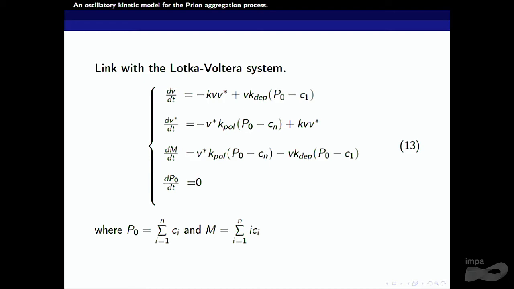I remind you P0 is the total number of polymers, and M is the first order moment of the concentration of the size distribution, and we want M to oscillate. So for these 2 equations, if we neglect C1 and Cn, the concentration of polymers of size 1 and of size n, then this term is constant, and this one is also constant, and we get the Lotka-Volterra systems where V star is the predator and V is the prey, and then we have oscillation for V and V star, and we also have oscillation for the M quantities.